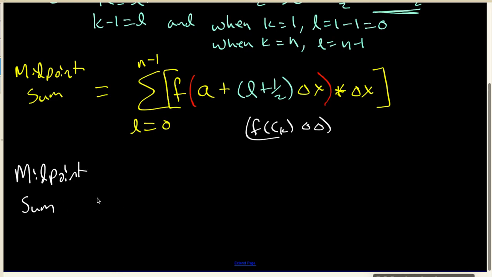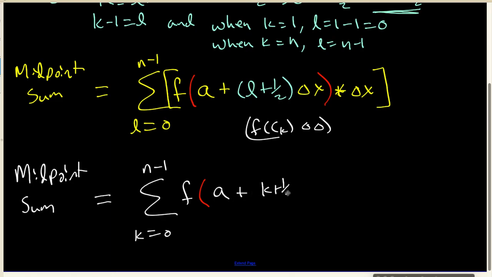The midpoint sum is going to be the sum as k goes from 0 to n minus 1 of f of, and I do still want these parentheses around, a plus k plus 1/2 times delta x, and let me make that 1/2 just a little bit easier to read, times the delta x, and now we're going to add all of those guys up.